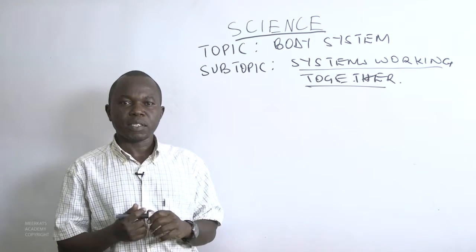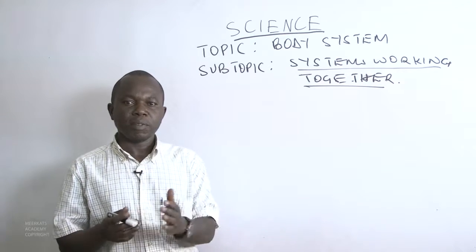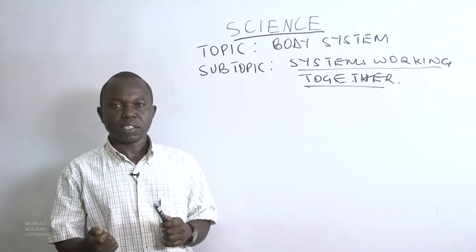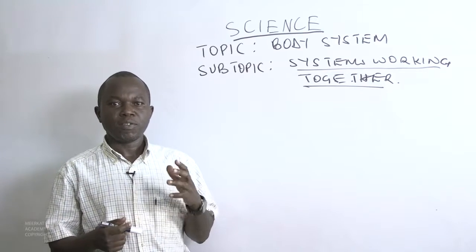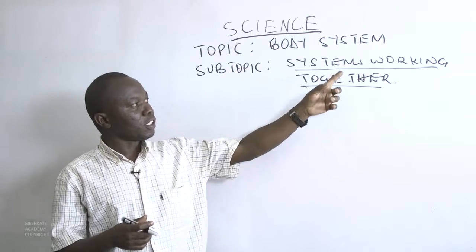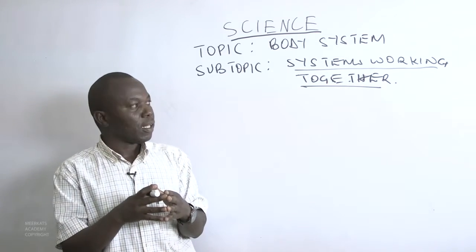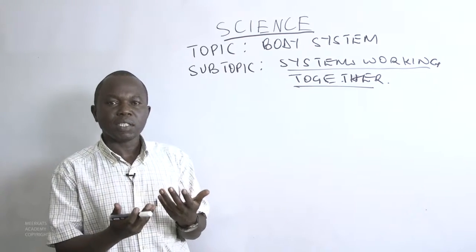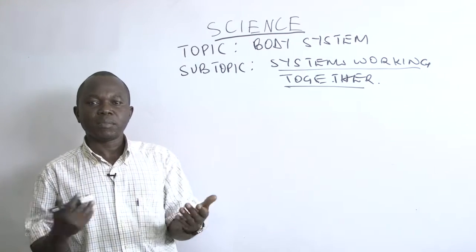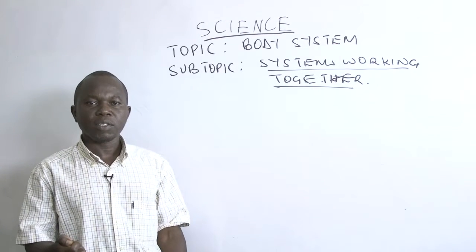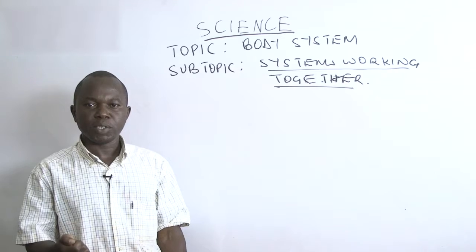Because they are poisonous, they need to be removed from the cells to the excretory organs, so that they can be removed from the body. That's why systems are going to work together. There's always a relationship between the digestive system and the circulatory system, with materials moving through absorption.